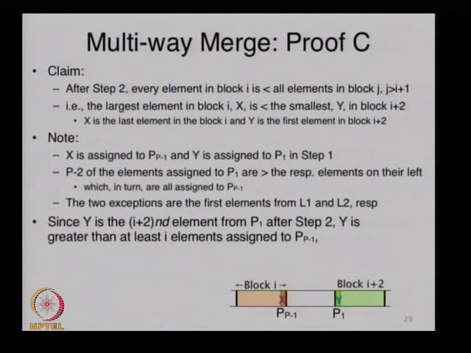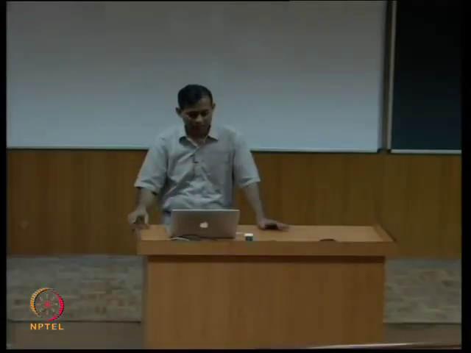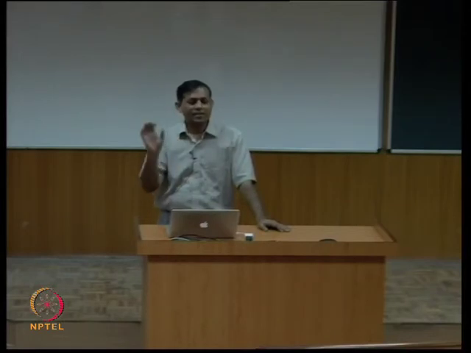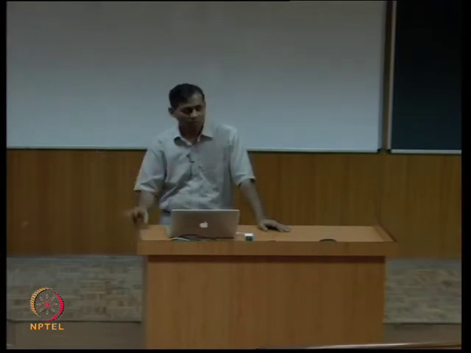All right. So again, we're working in block I, or we have looked at an element X in block I, and we are trying to prove that any element in block I is less than any element in block I plus 2.